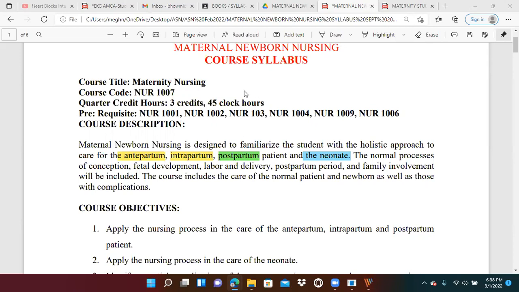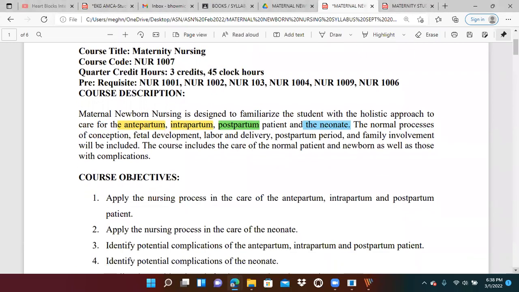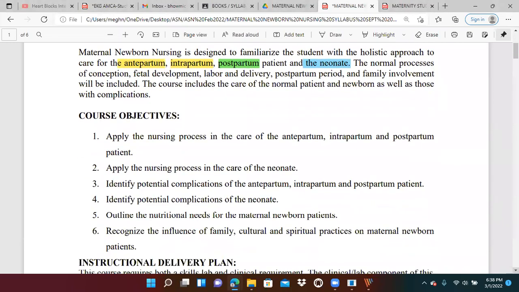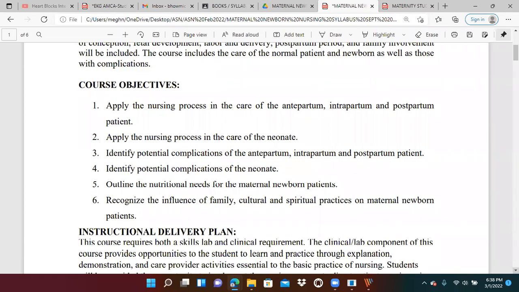Because we are working together and this is the first day of maternity, at least I have to explain what my course curriculum is, what my syllabi is. I already emailed you. At least you know what we are going to do. We work together, right?